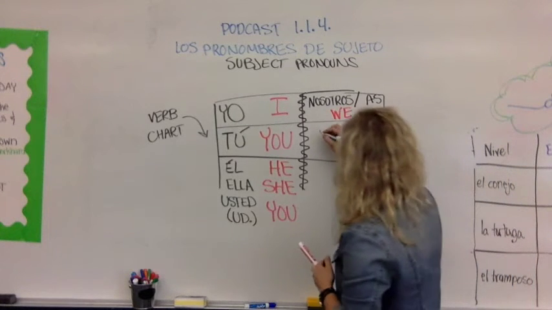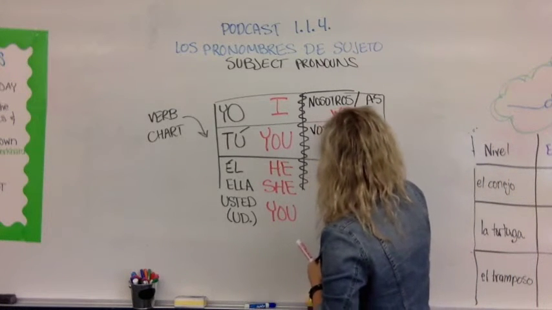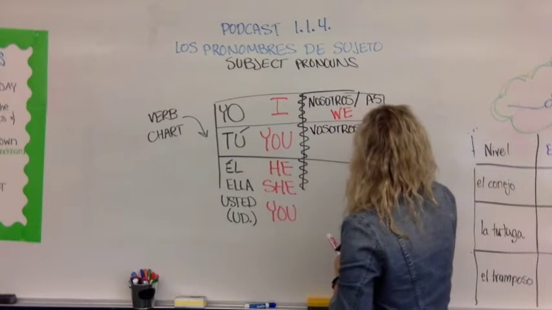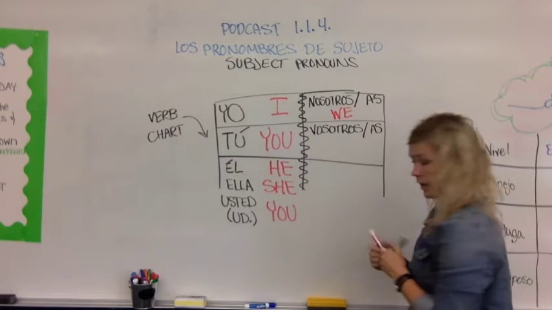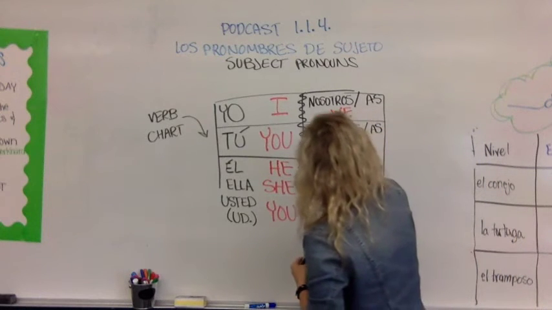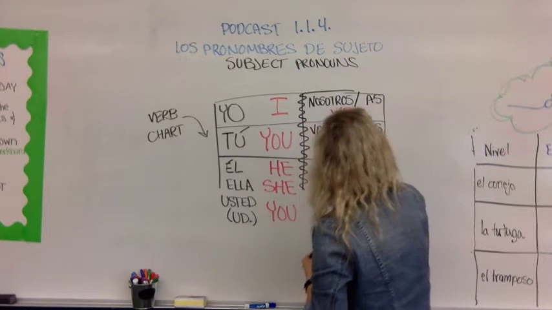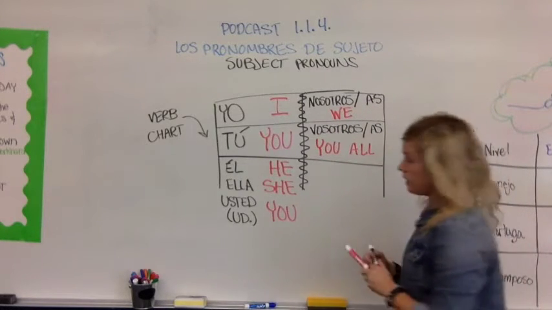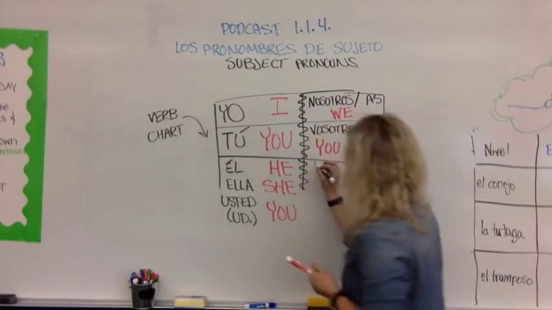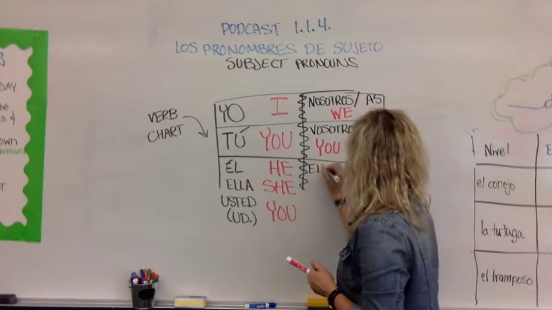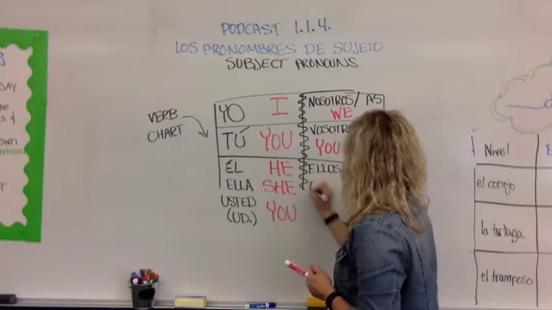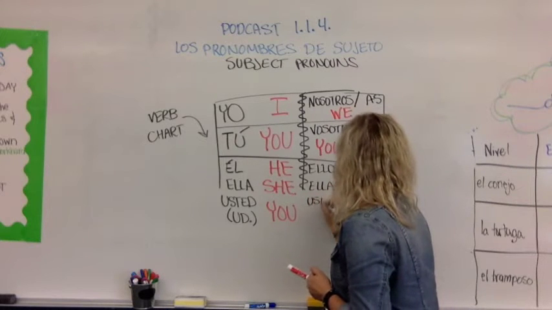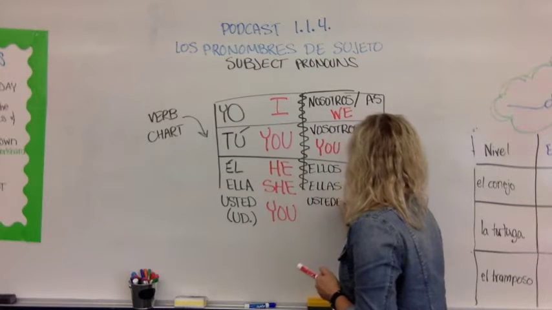Next, we have vosotros or vosotras. In English, those mean like you all. And then that last box, we have ellos, ellas, or ustedes.